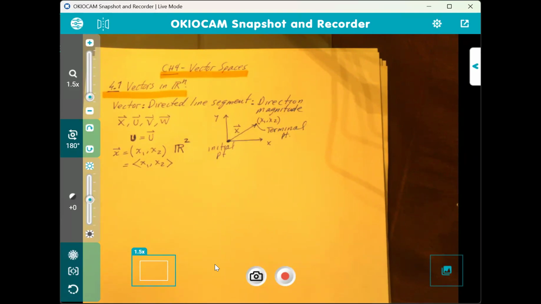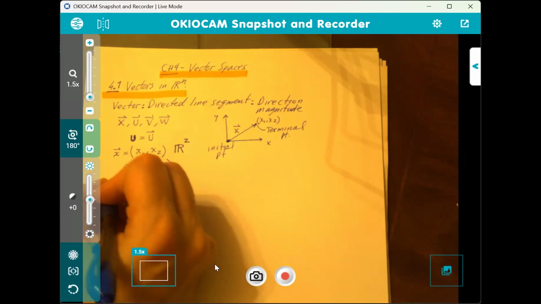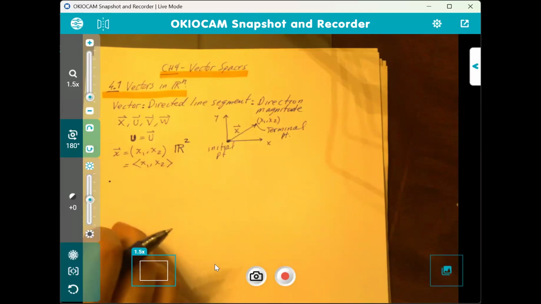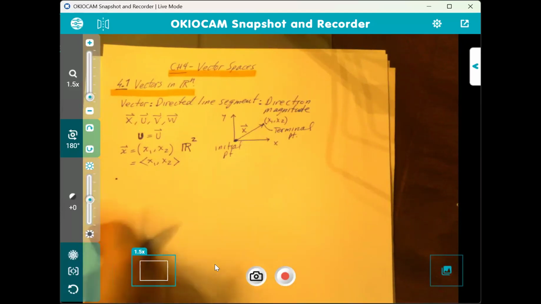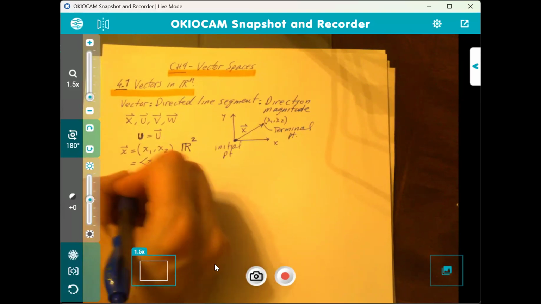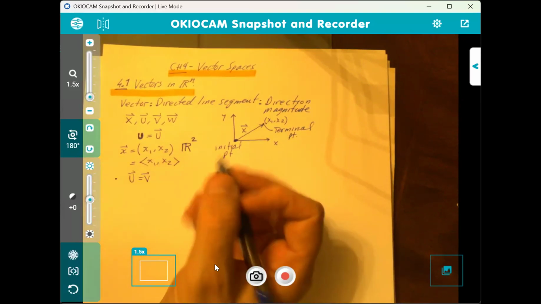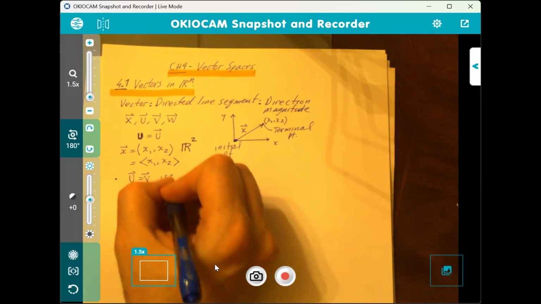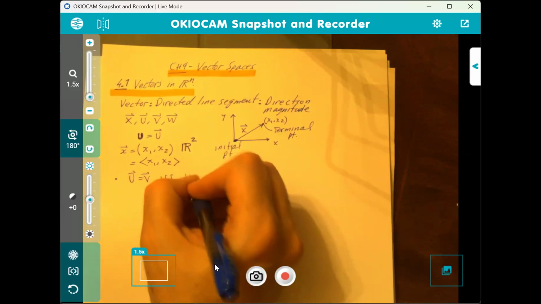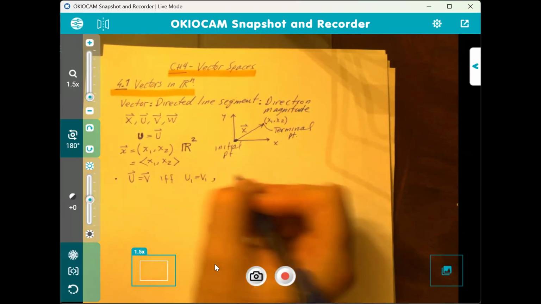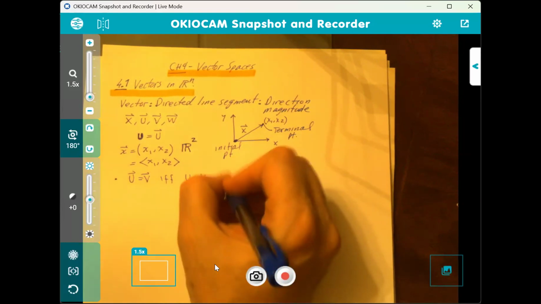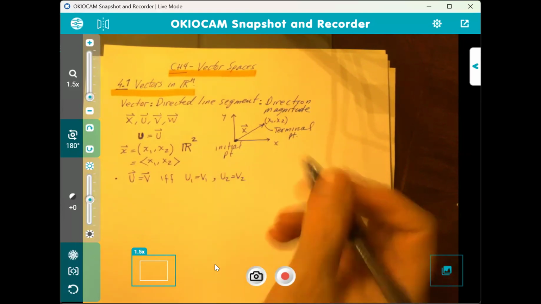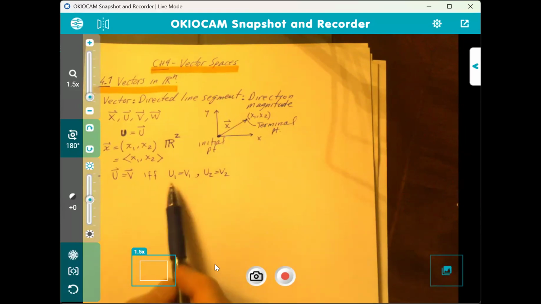Now, suppose I have two vectors. Let's call them u and v. We're going to say they're equal if and only if their components are exactly the same: u1 equals v1 and u2 equals v2. Notice the u1, u2, v1, v2 don't have arrows.